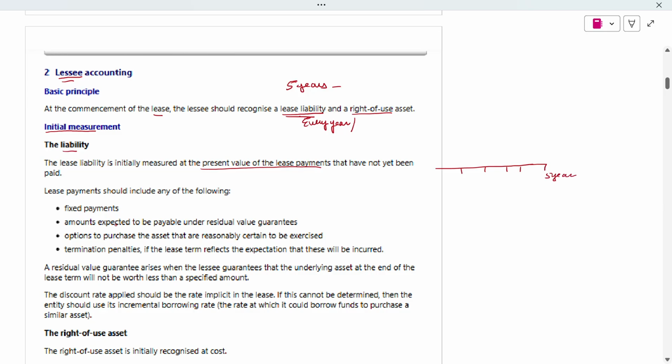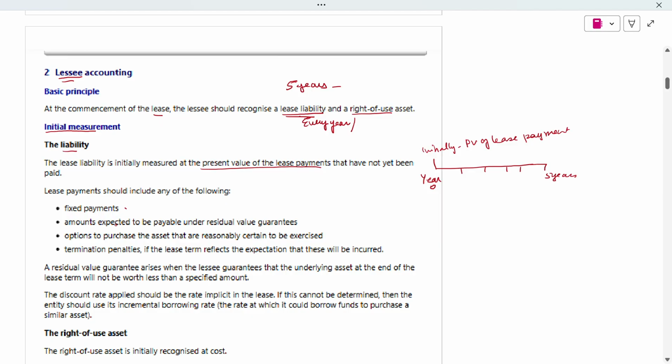Initially, in year zero, you will calculate the present value of the lease payments that have not been paid.